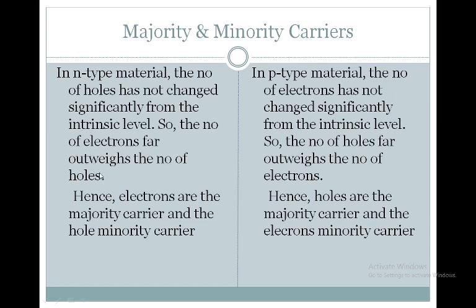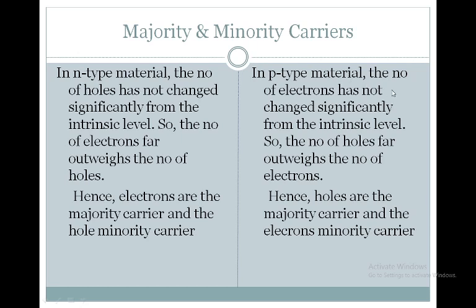So that means there will be more electrons than holes in n-type semiconductor, much more. So electrons are the majority carrier and holes are the minority carrier in n-type semiconductor.